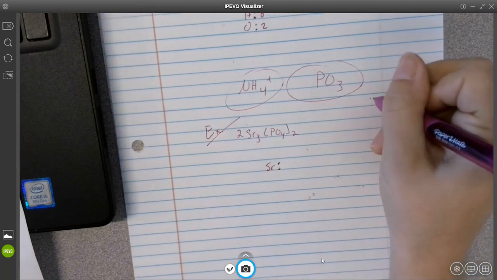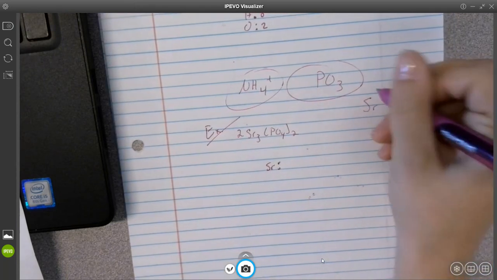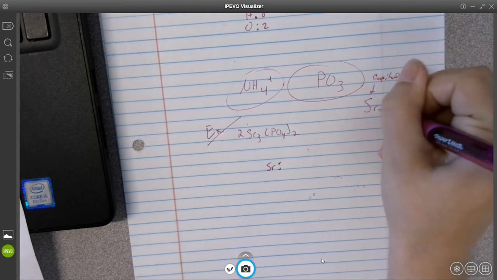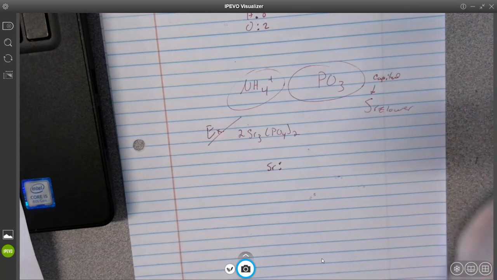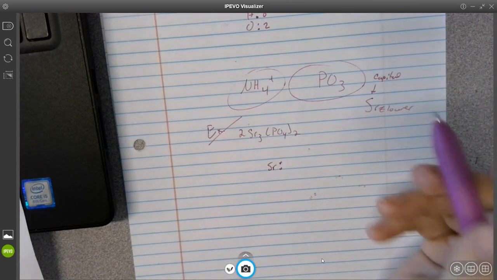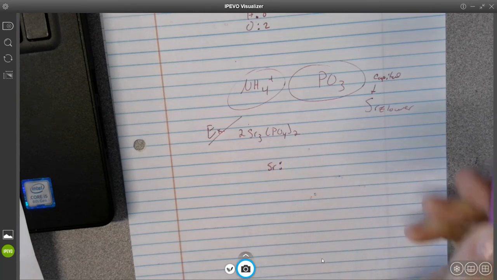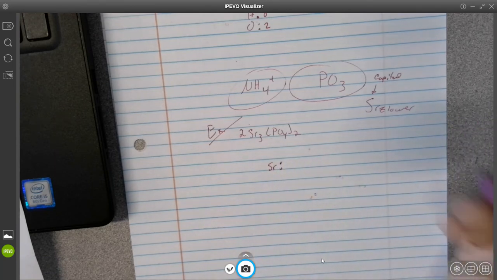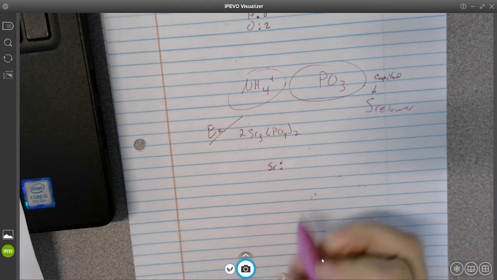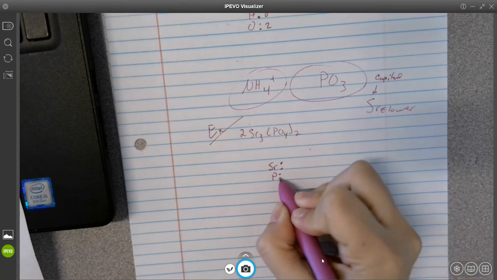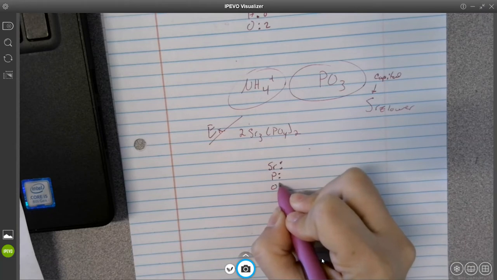A capital letter is always first, followed by the lowercase. Lowercase letters will always come second. And again, if we see another uppercase or another capital letter, you know it's a different element. So Sr is a single element, phosphorus is an element, and oxygen is an element.